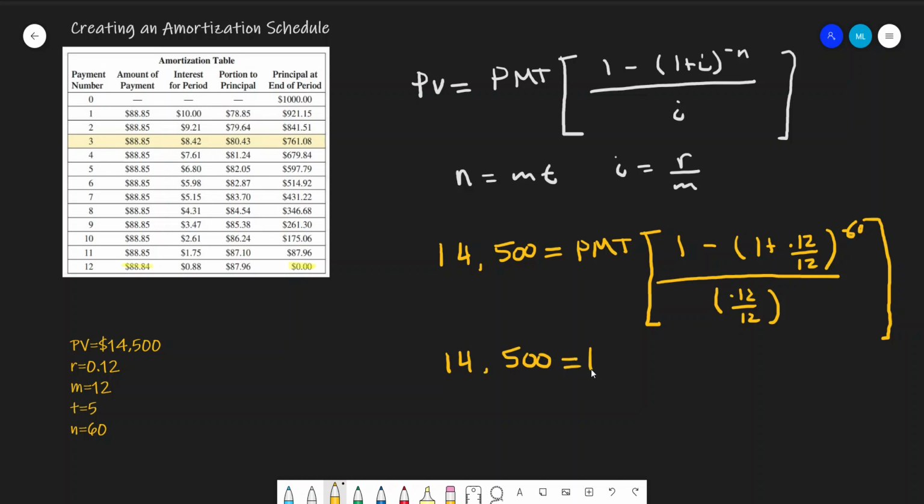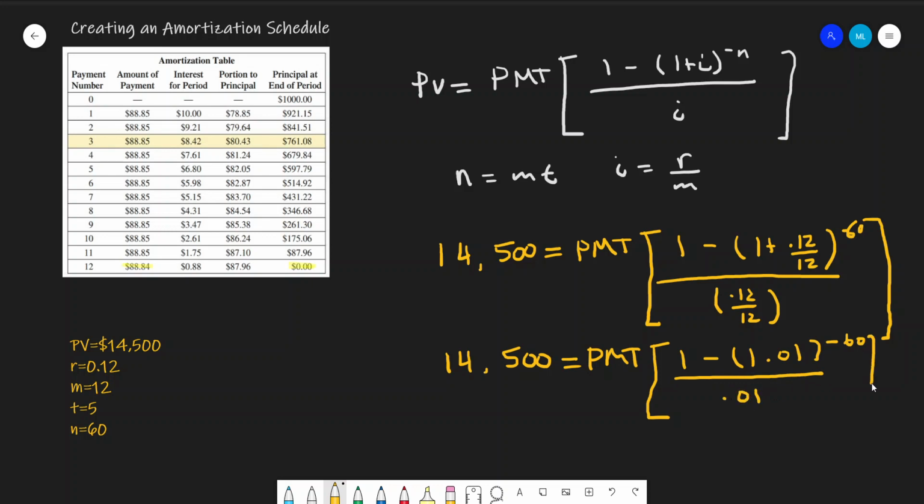So I have 14,500 is equal to the payment, which again you don't know yet, times 1 minus 1.01 raised to the negative 60, and all of this is divided by 0.01.